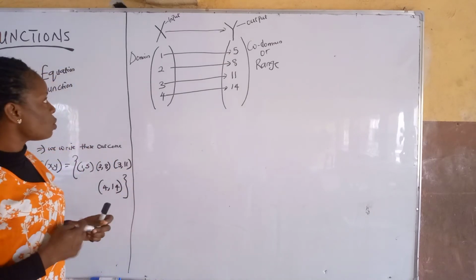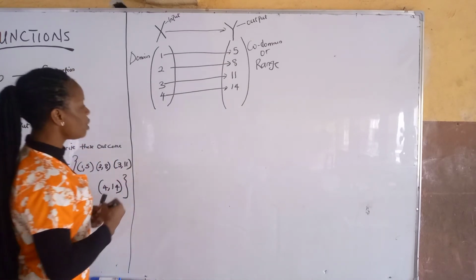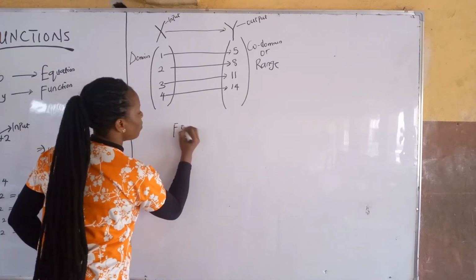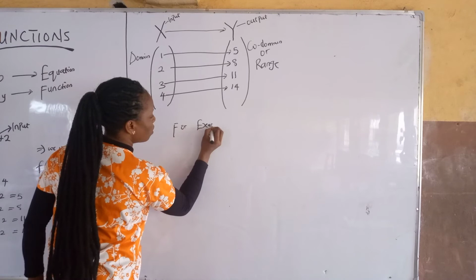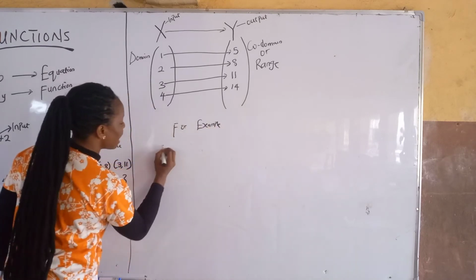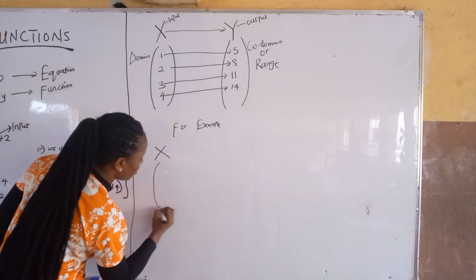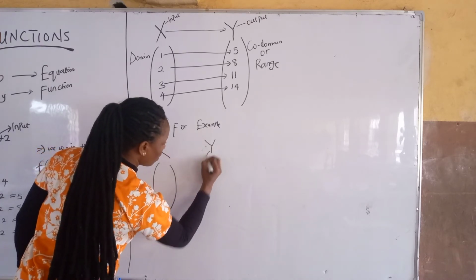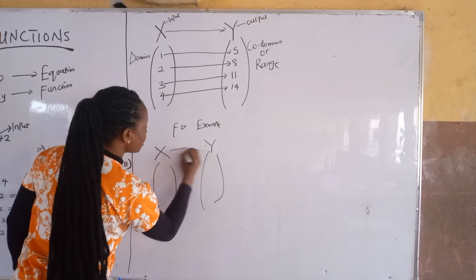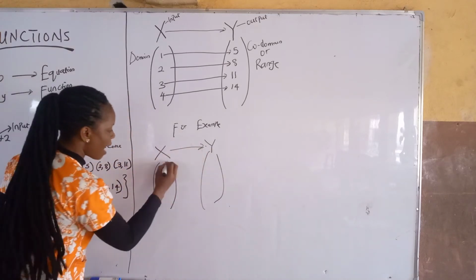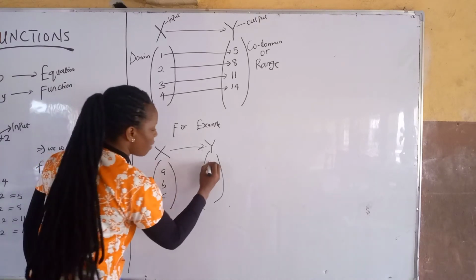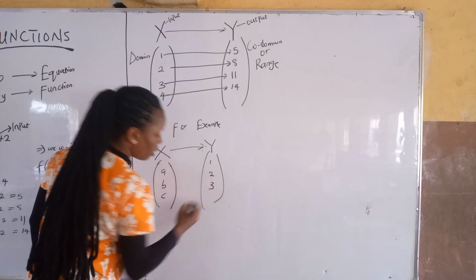Let's use another diagram to explain what I just said. For example, let's assume we have this set, and we have set y. I have the elements of the first set to be A, B, C, and here I have 1, 2, 3.